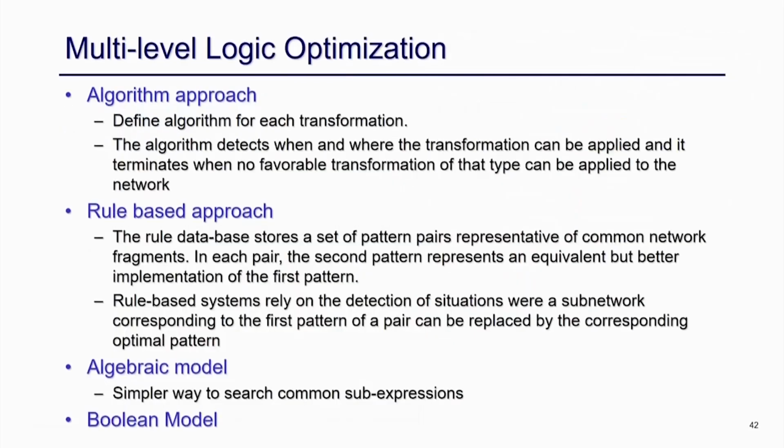There are two kinds of approach. One is the algorithmic approach. The algorithmic approach has an algorithm for each transformation, right, one for common subexpression, one for simplification, one for decomposition and so on. Then you detect where those transformations can be applied, and it keeps doing that, and it stops when there is no way to apply those transformations, right.